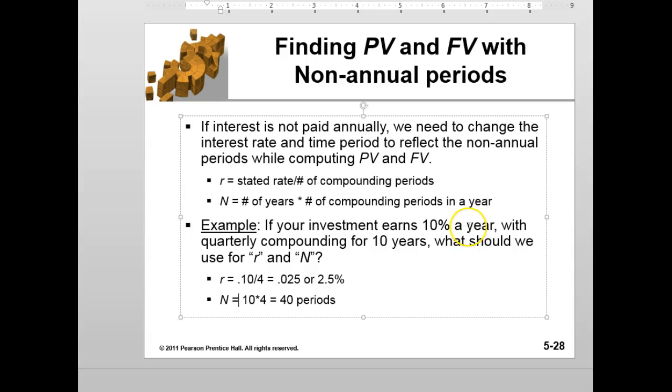So at 10%, if it's done quarterly, right, that's going to be a fourth of 10%, or 2.5%. And if it's done 4 times a year for 10 years, that period's going to change to 40 when you start doing your calculations. You just have to remember to compensate for the differences.